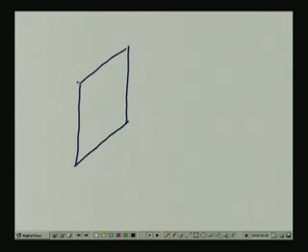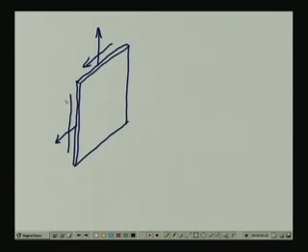So, let us consider a flat plate for instance, and this flat plate is capable of supporting forces only in those directions. Then we are going to have a 2-dimensional problem. You could have actually shear stresses also occurring in this manner. So, this type of problem is called a plane stress problem.